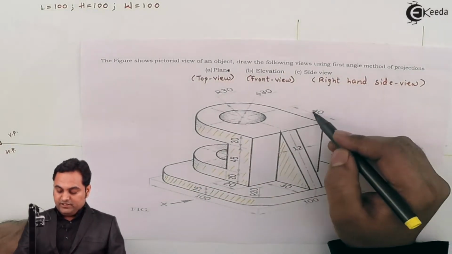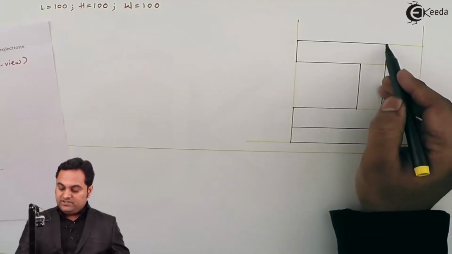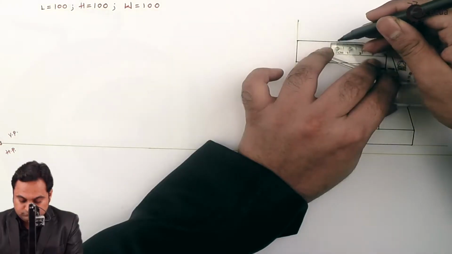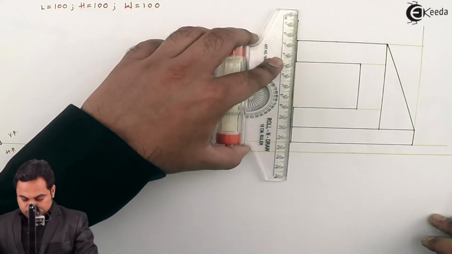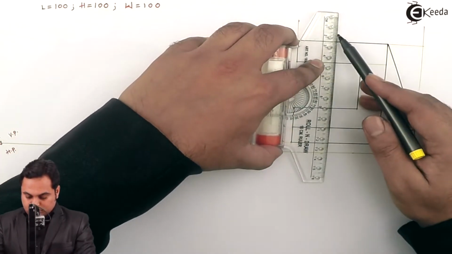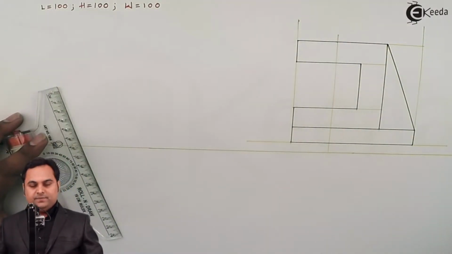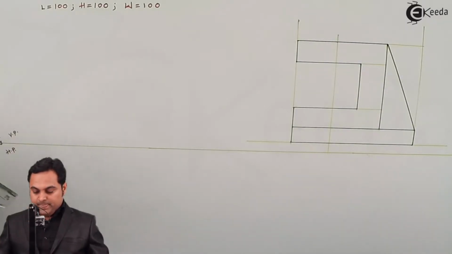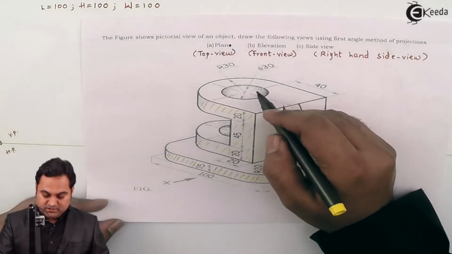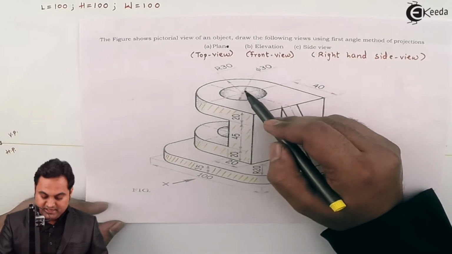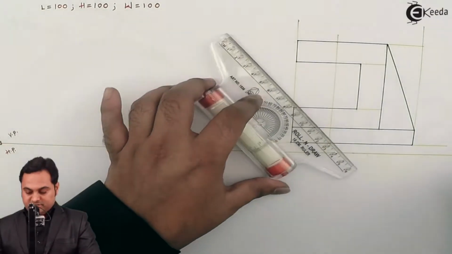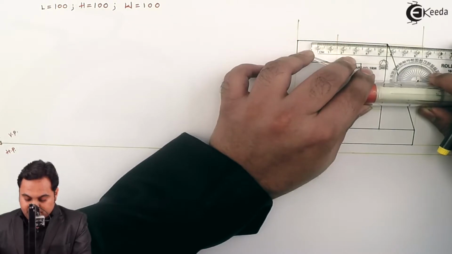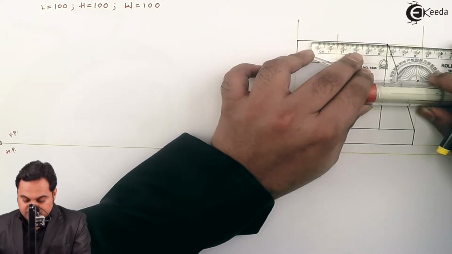The center is 40 mm from the plate, so measuring 40 mm from this plate, drawing a light line. Now this light line will indicate the center line, and the inner circles are of diameter 30 as mentioned here. So from this center line, I will measure 15 mm on one side, 15 mm on the other side.